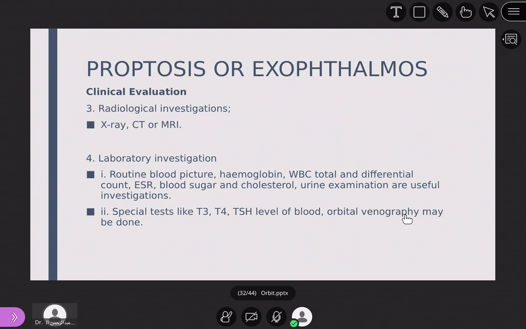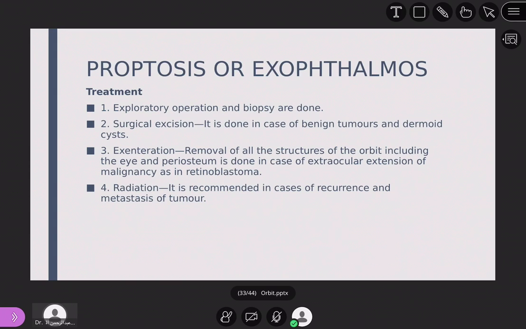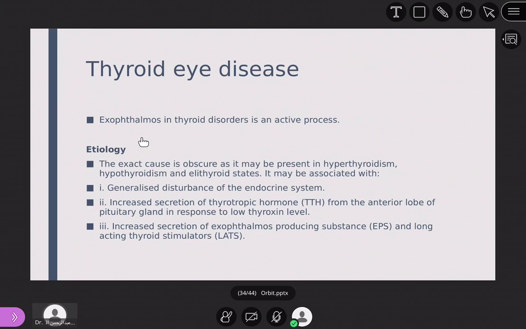Orbital venography is very important for the varicose veins. For treatment, exploratory operation and biopsy are done if I have a suspected tumor. Surgical excision in the case of benign tumor, dermoid cyst. Exenteration is the removal of everything. Radiation in case of recurrence.